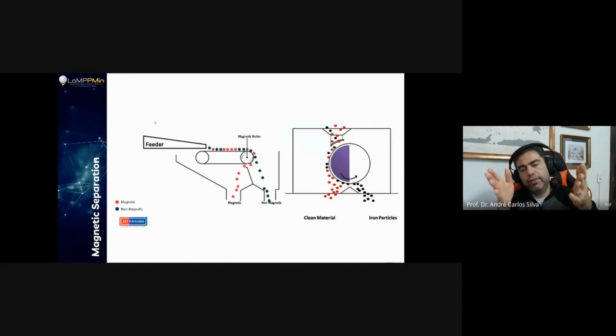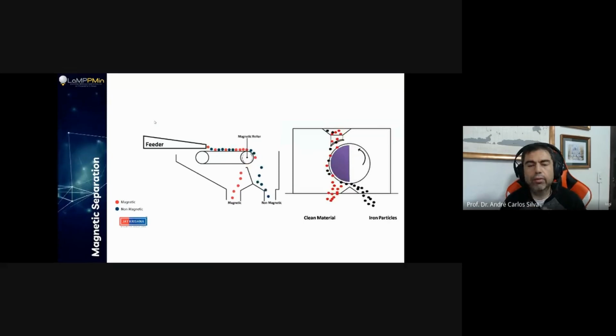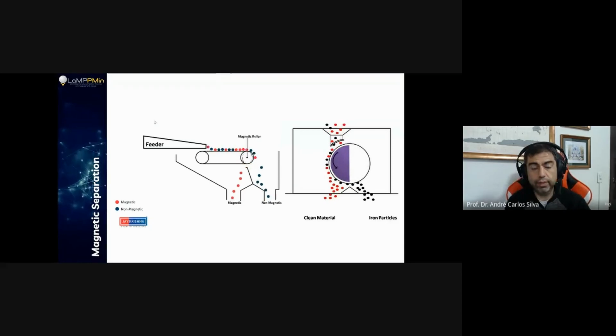You just put your material on top of it and the material is going to fall. And during the fall, you can have the attraction of the material to the drum or not, okay? Pharmaceutical companies like this kind of setup because you just put your powder on the top and if you have any kind of contamination, it can go straight to the drum, okay?